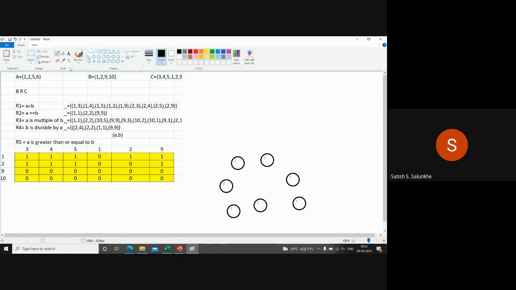So I will just quickly write here the elements 1, 2, 9, 10, 3, 4, 5. 1, 2, 9 is already listed, so we don't have to list again.